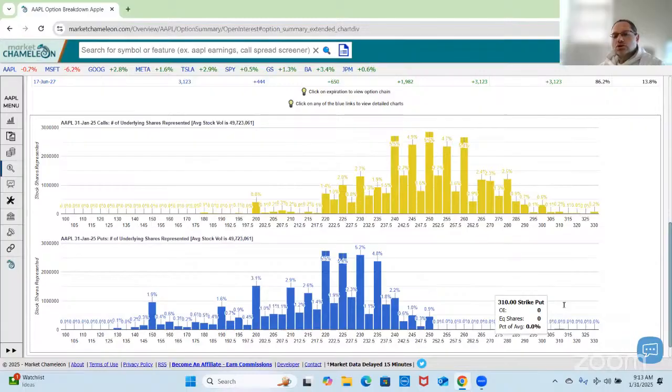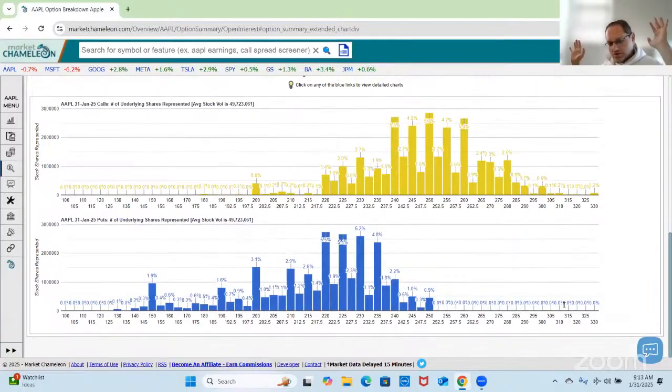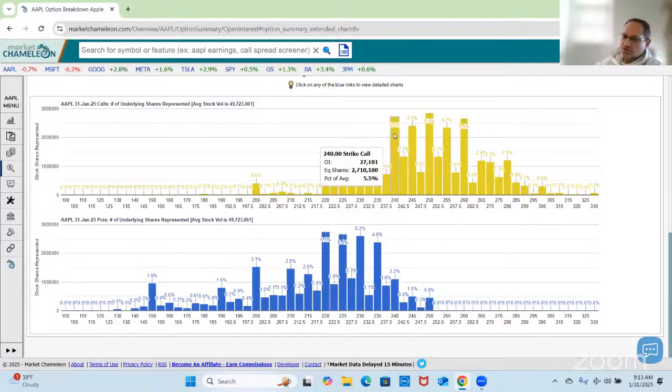Now it's just showing us the total call open interest and the total put open interest. And it also gives us these numbers on a relative basis. Based on this particular strike, 240, 245, 250, we see the total open interest.